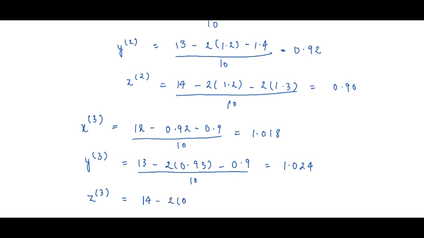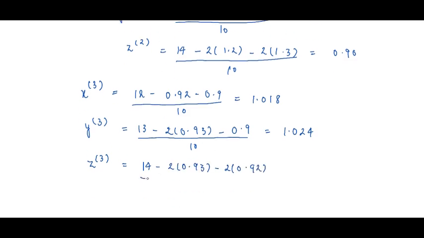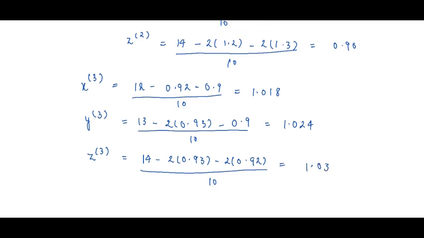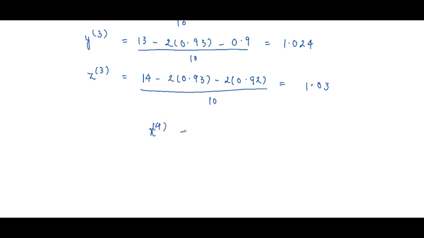And z3 becomes (14 minus twice of 0.93 minus twice of 0.92) whole divided by 10, we get 1.030. And with the fourth iteration, we got x4 as 0.995, y4 as 0.993, z4 as 0.992.